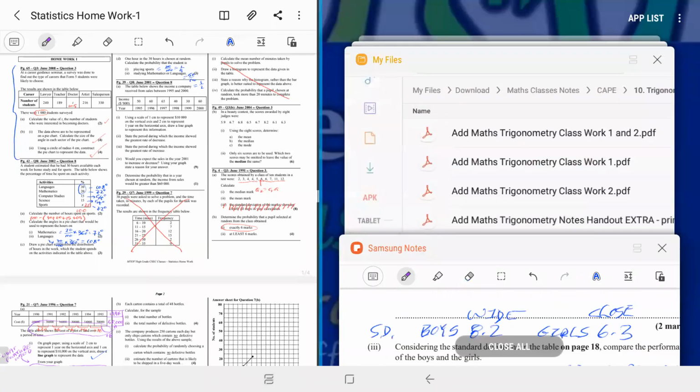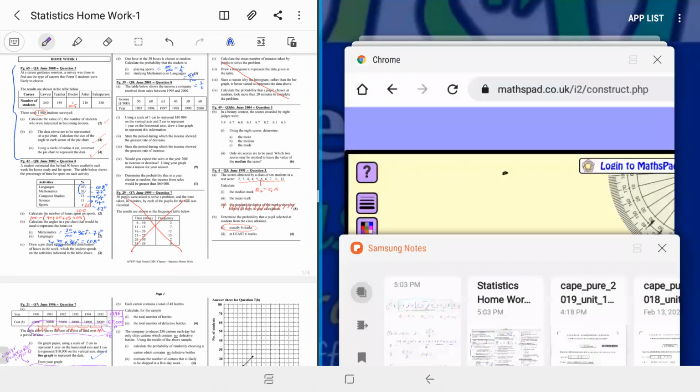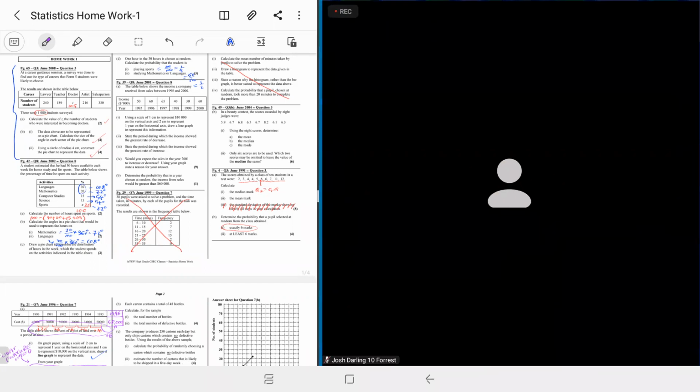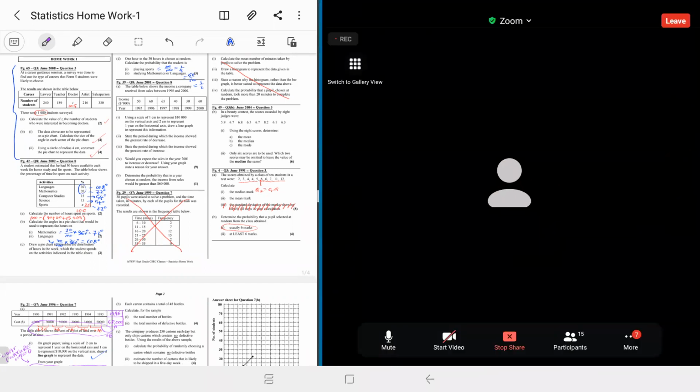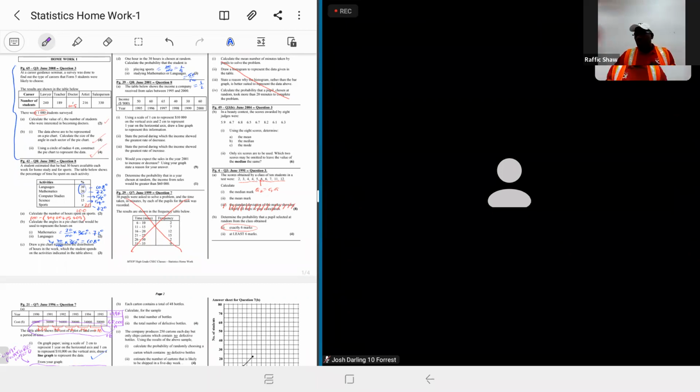So on Wednesday, my plan is to go on to the next part of statistics, which is grouped and ungrouped data. They don't set questions on ungrouped data a lot, but we're still going to do some work on it.